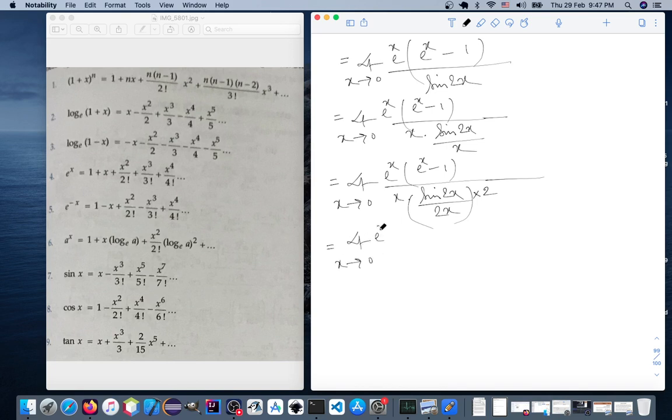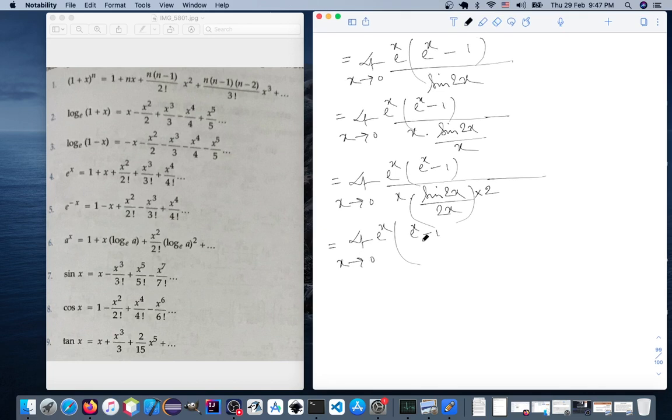Now, if we rearrange the terms, we get this thing, and sine 2x by 2x multiplied by 2.